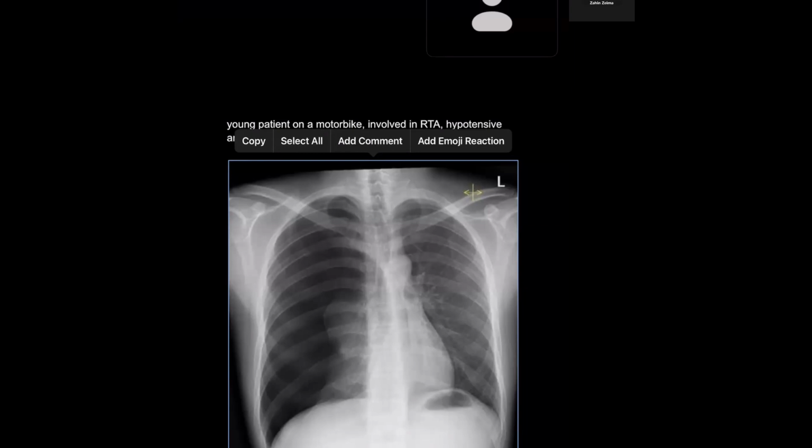So consider that the patient's airway and breathing have been managed. How will you manage the circulation of the patient? Following the ATLS protocol, I'll maintain an IV line first of all.